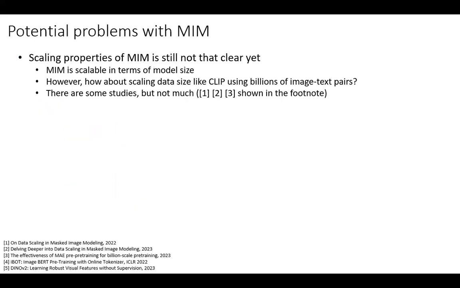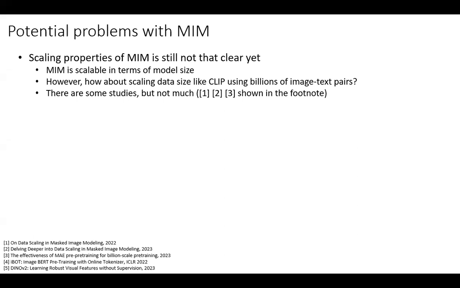So as I just mentioned, there could be some potential problems with the naive MIM. The first one is that the scaling probably may not be that clear compared with CLIP. MIM is very scalable in terms of the model size. You can train the model from small size up to 1 billion or even larger. But from the data scaling perspective, usually those models are pre-trained on the ImageNet 21K dataset, right?